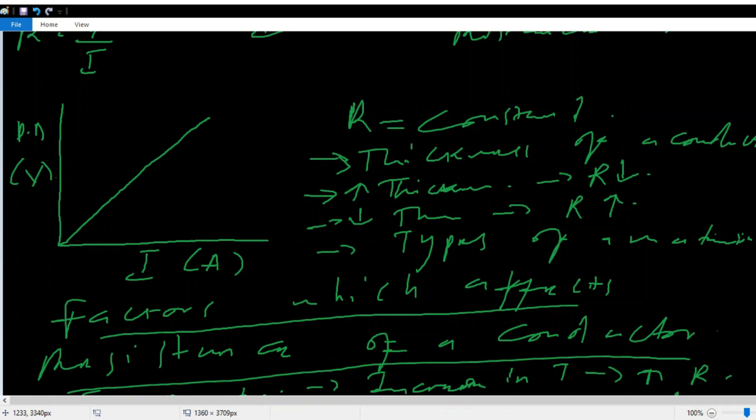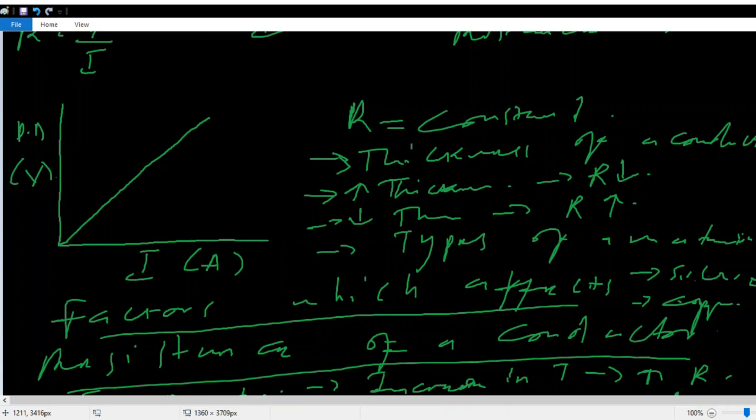If you look at silver, it has free electrons, which means it is a very good conductor. Silver has less resistance because it has more free electrons. If we compare silver with copper, copper does not have more free electrons than silver, so resistance in copper is higher than in silver.